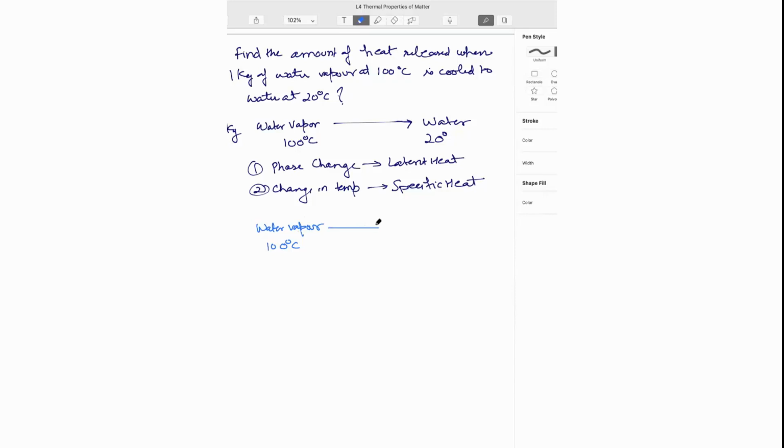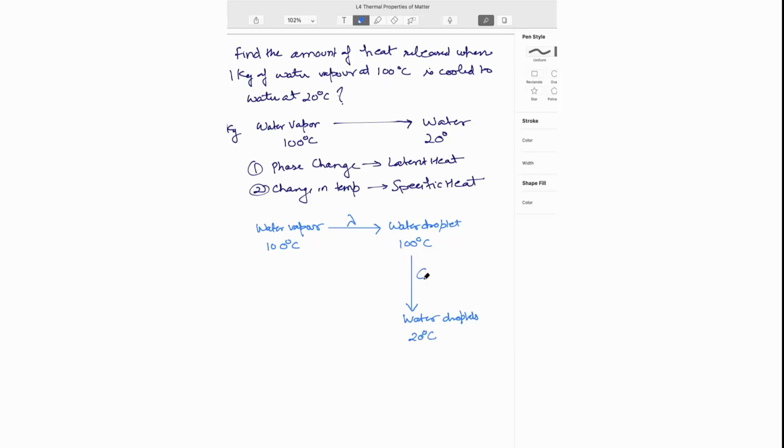For condensation, it becomes a water droplet at 100 degrees centigrade, and that will be taken care of by lambda. Now this water needs to be cooled down to water at 20 degrees centigrade. So here we need lambda, and here we need a specific heat.